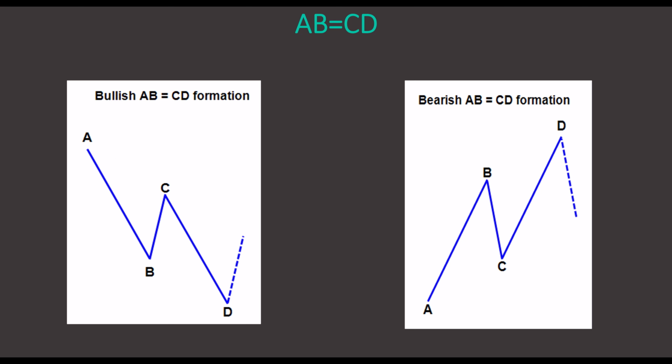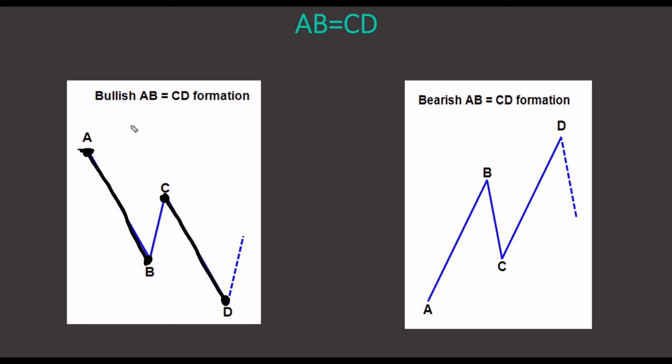The whole trick behind this is that the distance from this point A, this is a significant swing point, to significant swing point B is the same as the distance from significant swing point C to significant swing point D.